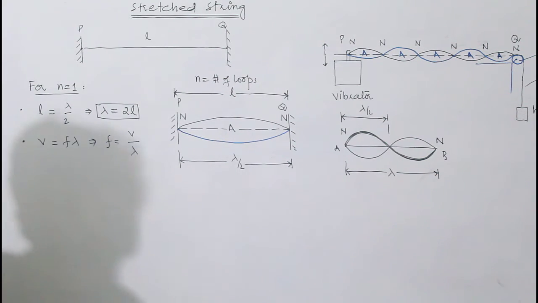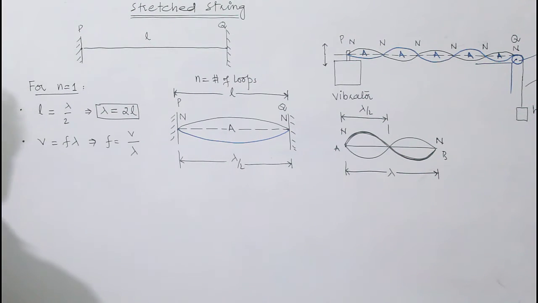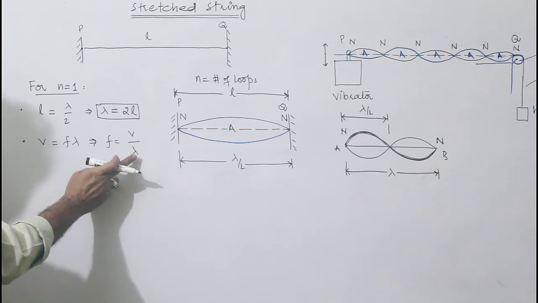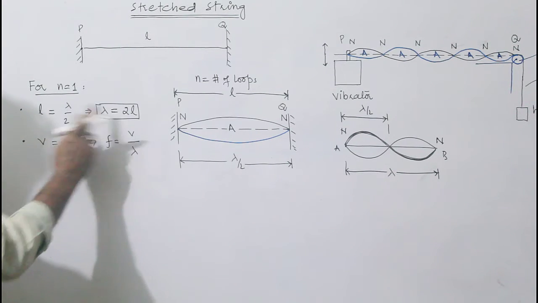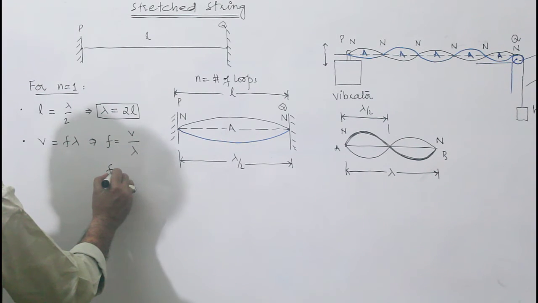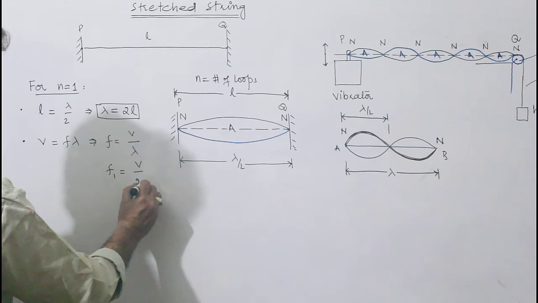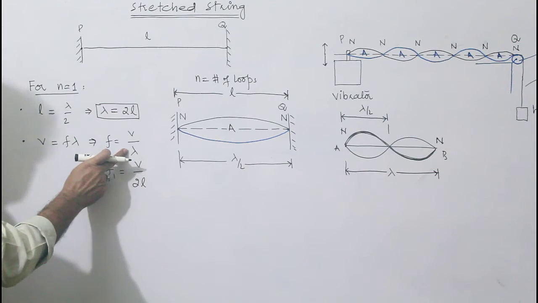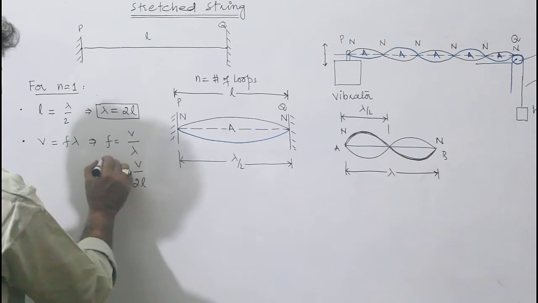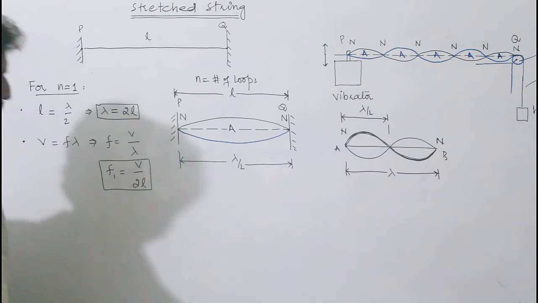Because of the one loop we have half of the wavelength, so we put in the value of lambda in terms of length. So F1 equals V over 2L, because we are substituting the value of lambda, which is 2L. Now this equation is F1 equals V over 2L.